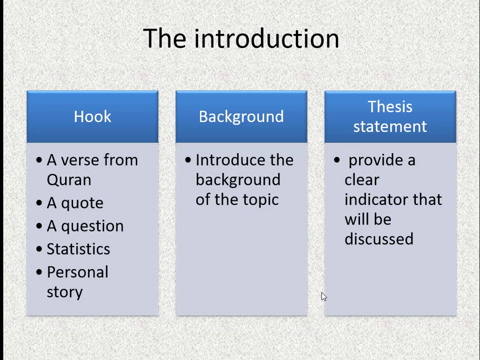It can be a quotation, question, statistics, personal story, even a joke. The background introduces the background of the topic briefly, giving a brief idea about what we are going to discuss. The thesis statement is the last part of the introduction. It should be an indicator for what we are going to discuss.